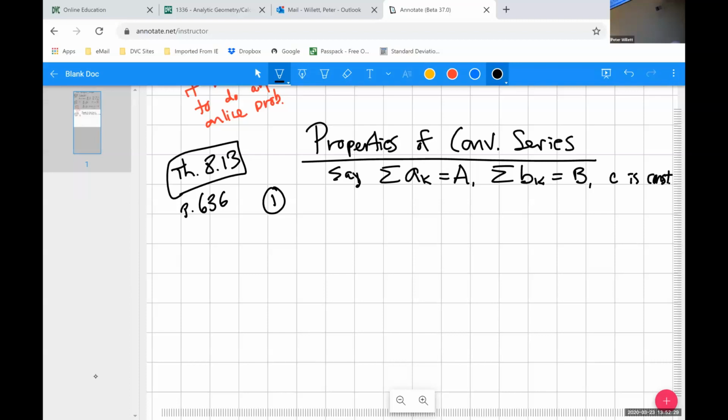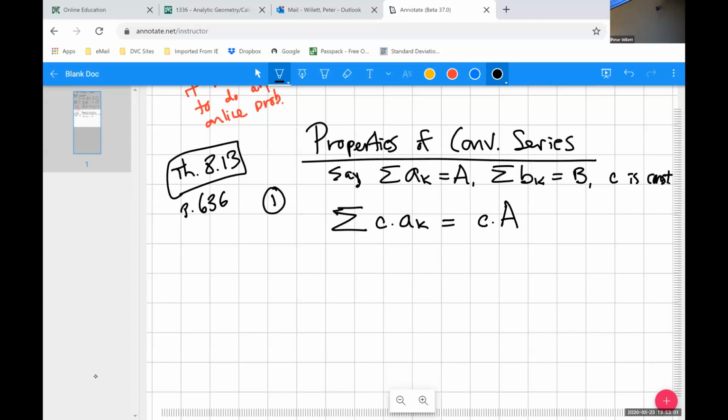So the first one will hopefully look familiar. Then the summation of c times a sub k. So that's where we're taking each term in the a series and multiplying it by the constant c. We know the a terms add up to capital A. So if we multiply each by c, then the result you get is c times the total of the a's.